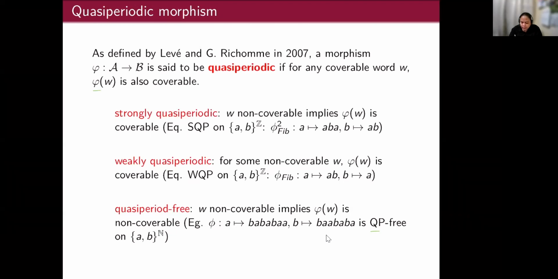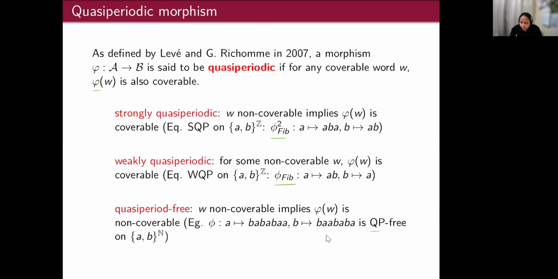The square of the Fibonacci substitution is SQP on the bi-infinite words.